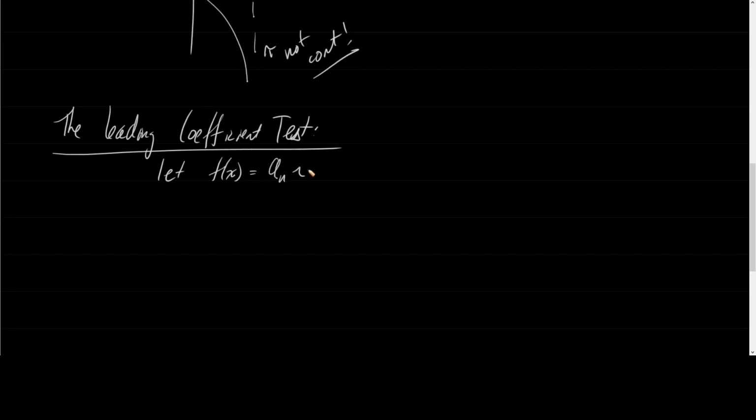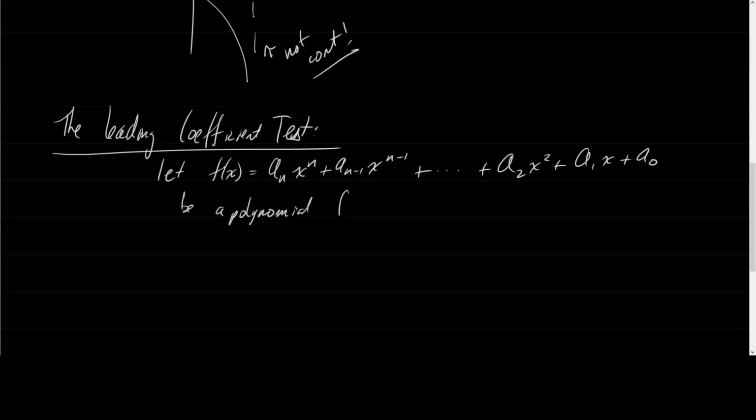So a sub n x to the n plus a sub n minus 1 x to the n minus 1, and so on and so forth down to a sub 2 x squared, a sub 1 x, and a naught. So let that be a polynomial function of degree n. All right, and that has to do with the leading coefficient there.